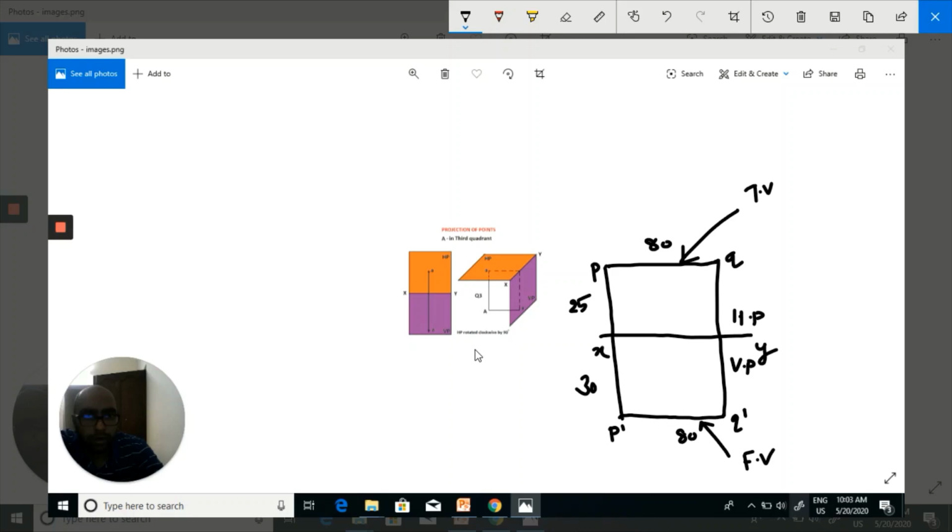P dash Q dash and PQ are the true length. You have to draw P dash Q dash and PQ with an HB pencil. It should be dark. That is the output. For the remaining use 2H.